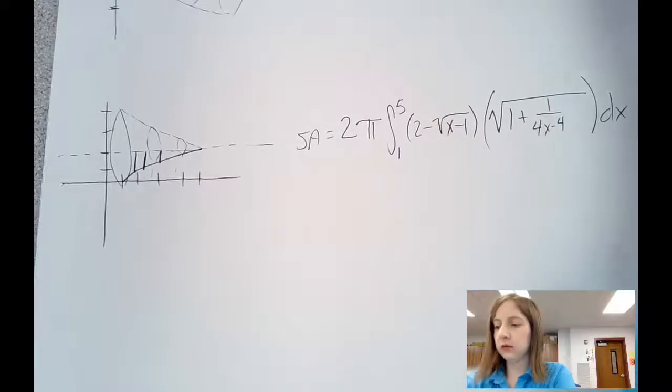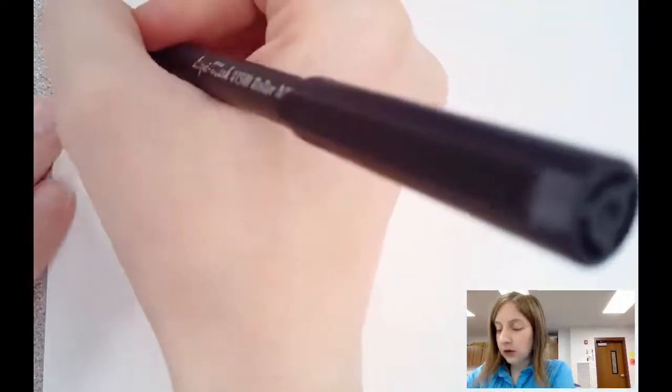Okay. All right, so now let's look at one more. This time, I'm going to move this paper just so it doesn't bump that cord again. Something below the x-axis. We're going to revolve around y equals -3.